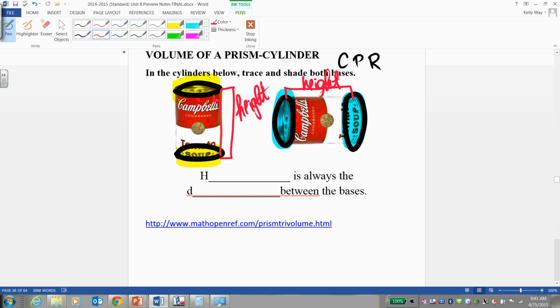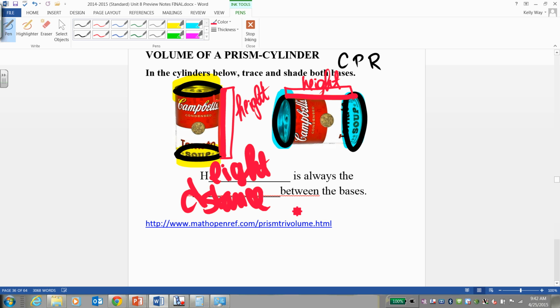Height is the distance between the bases. So that's height this way, and this would be height going that way. If you change the orientation of the bases, it changes the orientation of the height. So height is always the distance between the 2 bases. It does not mean vertical.